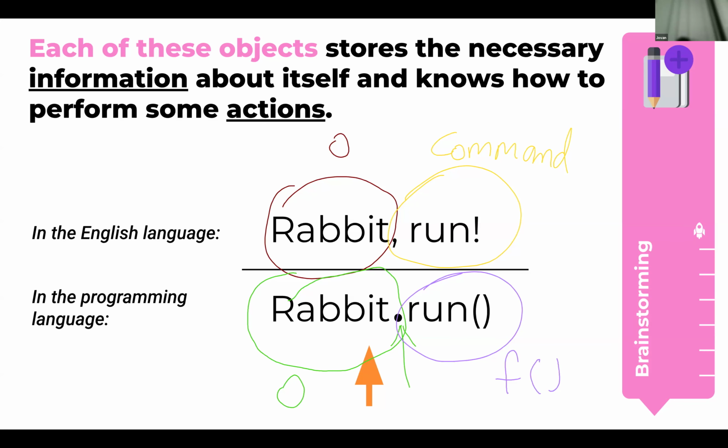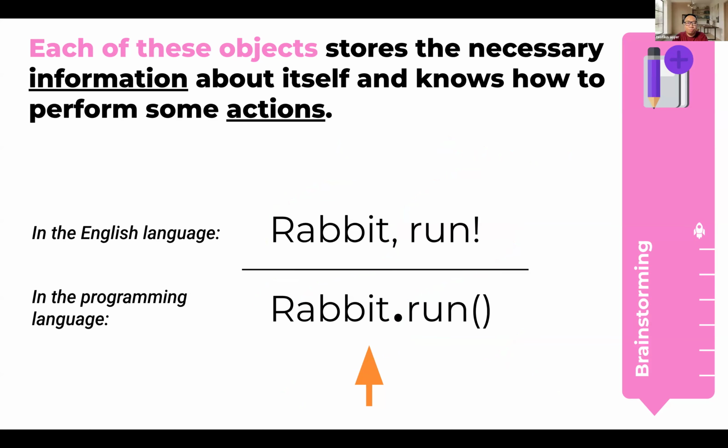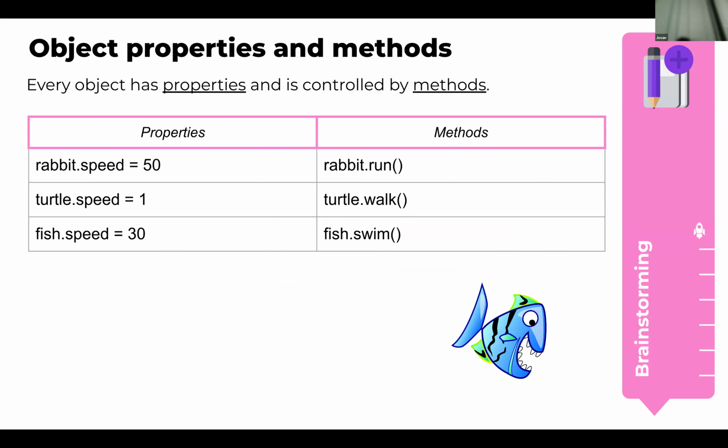Okay, let's continue. Now we're gonna discuss the core of the subject for today. Today's lesson is going to be successful if you understand these two things, okay? The first one is called properties, and the second one is called methods.